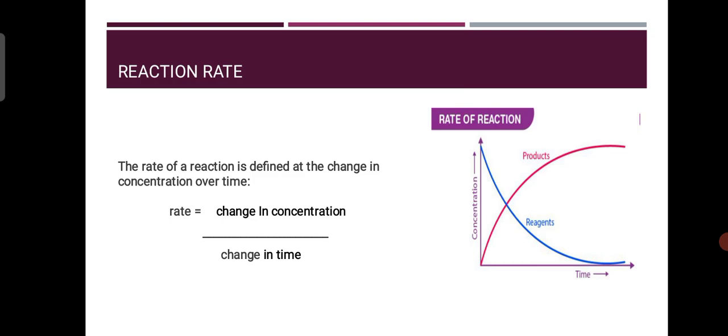Now, what is the rate of reaction? You can see the graphical representation of rate in this PowerPoint presentation, and mathematically we can say that rate is the change of concentration of reactant or product with change in time.